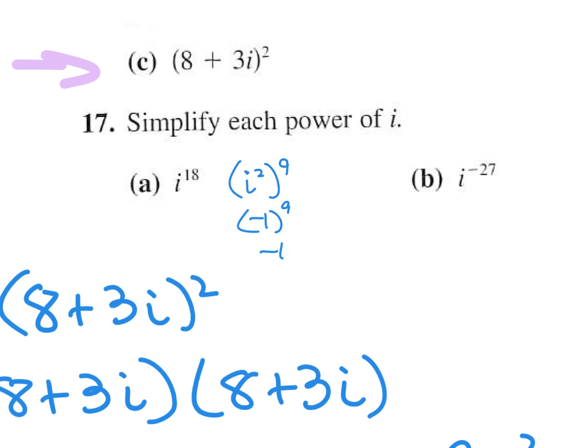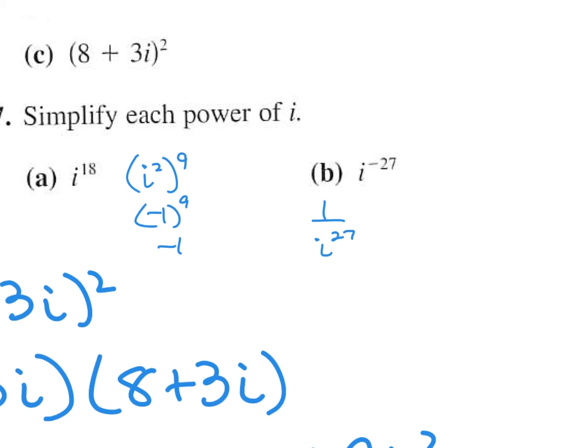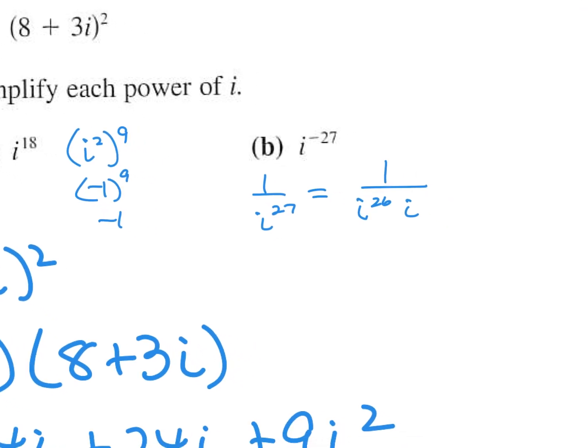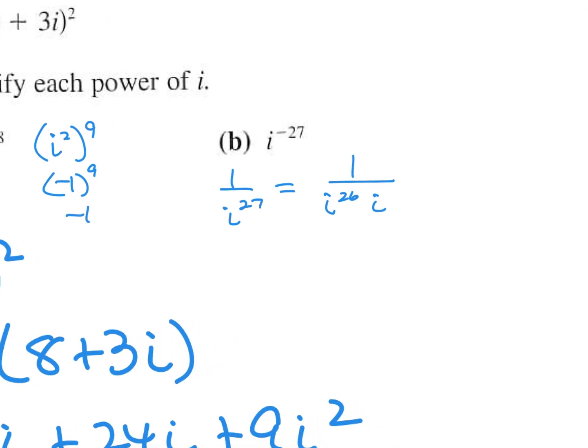Over here, this turns into a fraction. So I have i raised to the positive 27 power. And again, I'm going to break the i apart. I'm going to make it 26 and an i. And again, now I can change the 26 into i squared raised to the 13th power, and then times i.